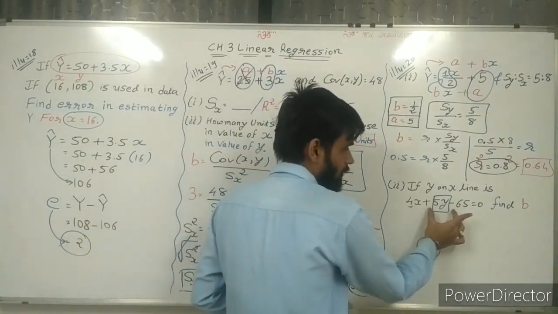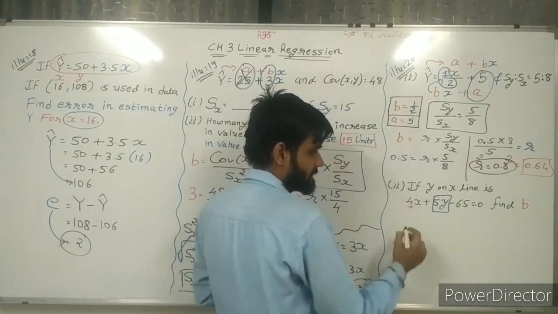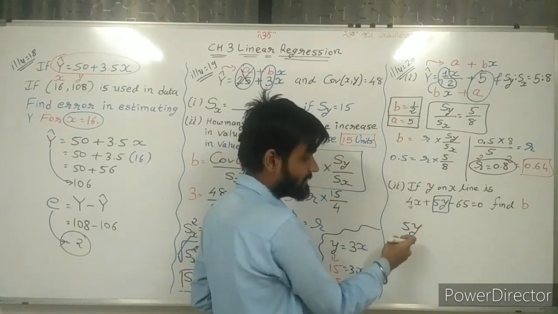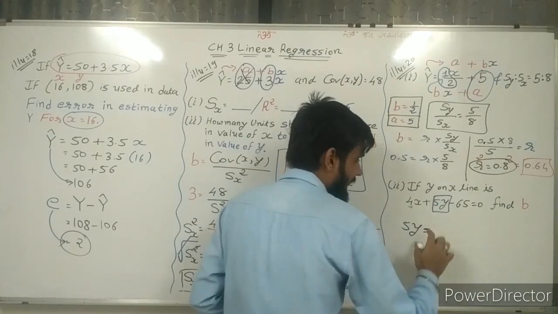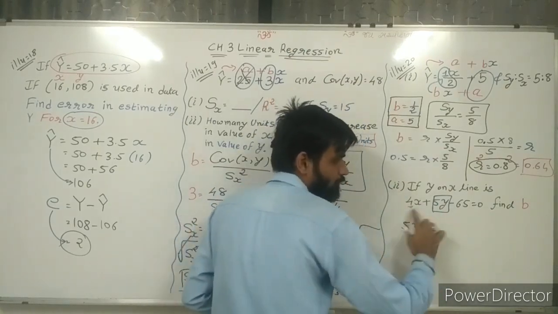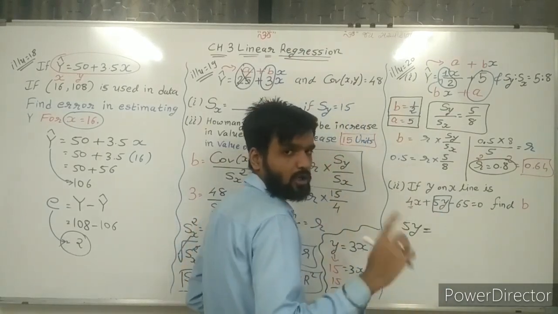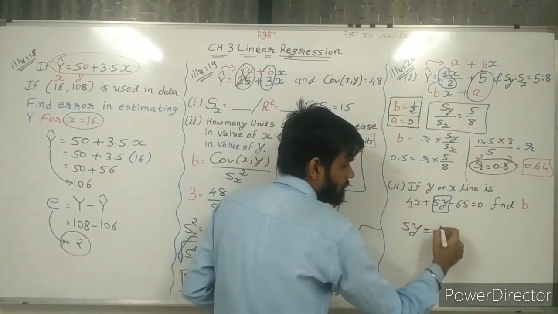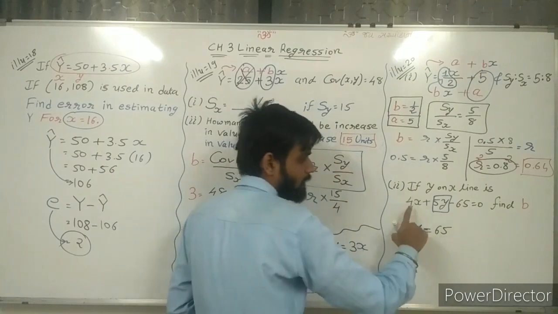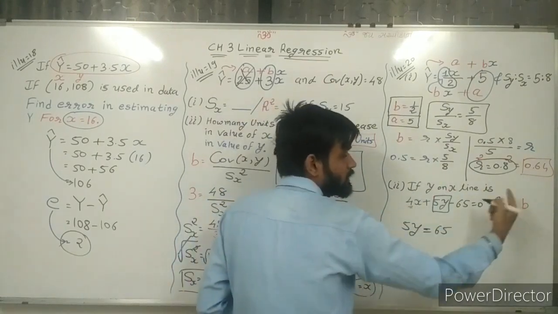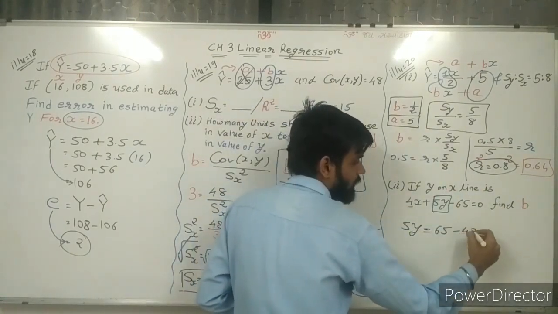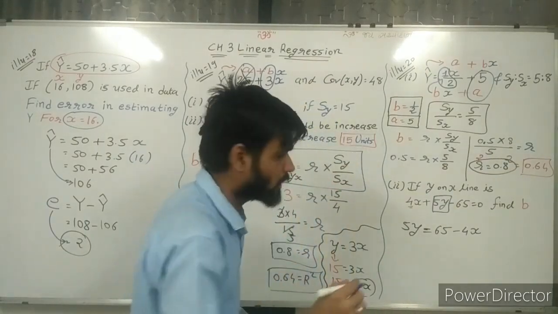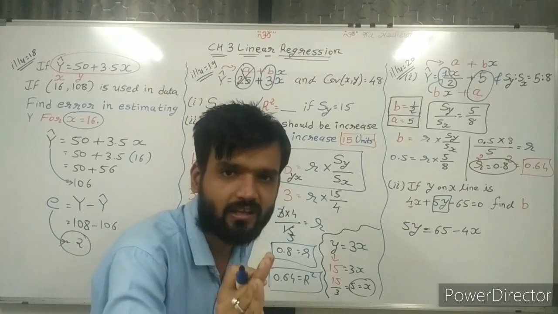Then after we compare with the formula. So 5y remains as it is. And change the side of this 2. So first of all, I am changing the side of minus 65, it becomes plus 65. 4x plus, change side of it, minus 4x. Now sir, actually what do we need? We need only y.